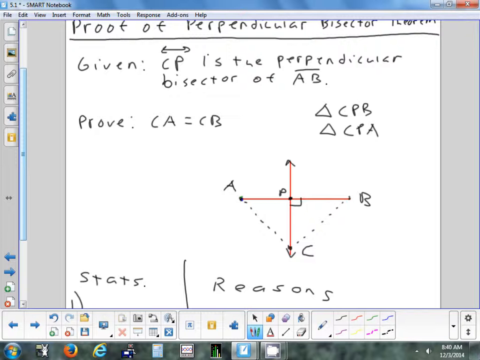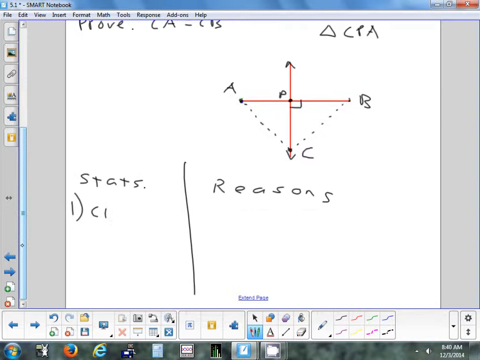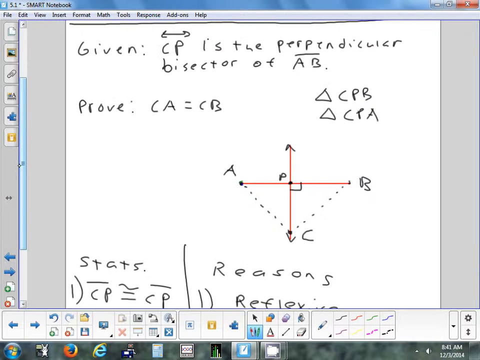Okay, CP is congruent to CP. That's the reflexive property. Okay, so good. We got a side. Let's mark it.